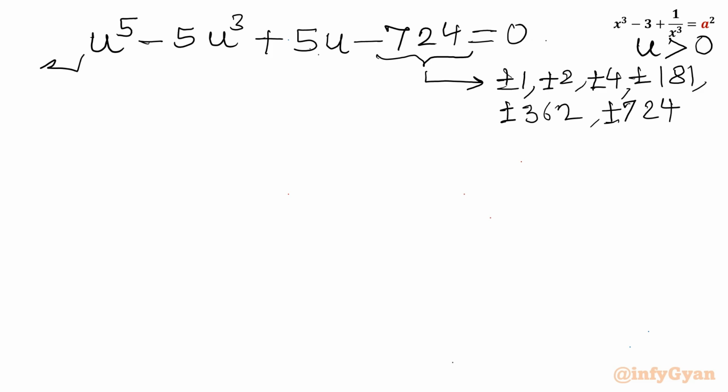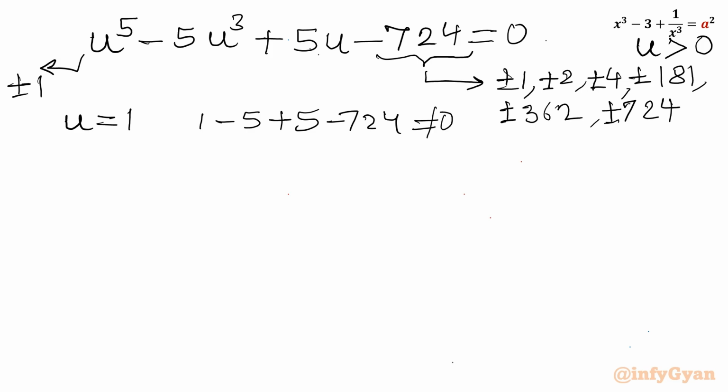And if you see the leading coefficient, then only ±1. So let's begin with u = 1. Will it satisfy 1 − 5 + 5 − 724? No, it will not. If I apply u = 2, it will not, because −724 is a big number. Let us write and check u = 4.